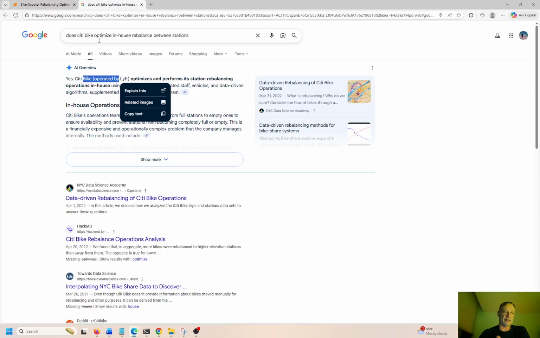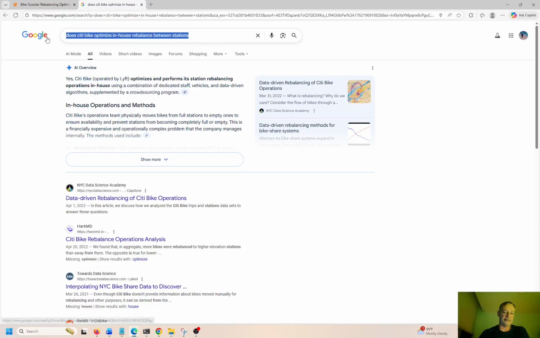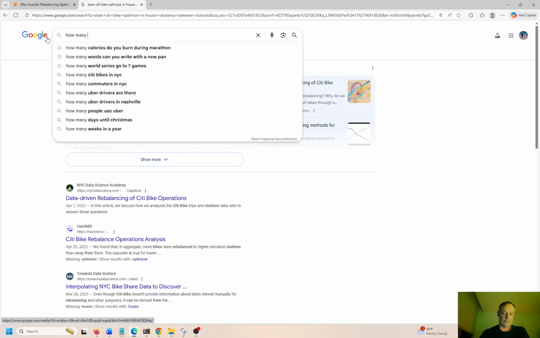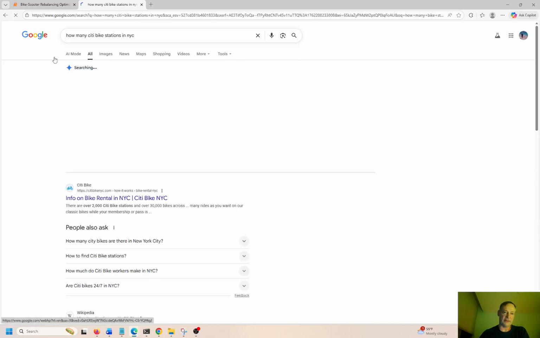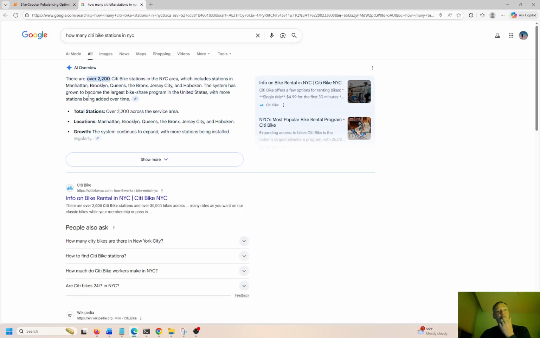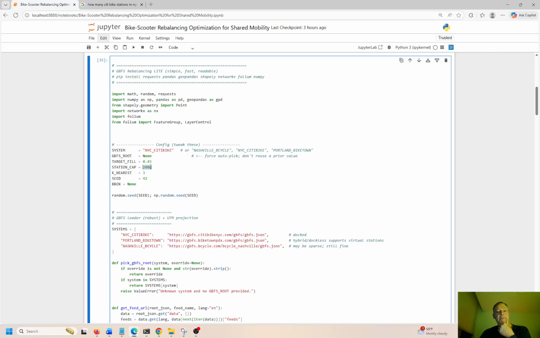So how many stations do they actually have? 1,500, I think. Oh, 2,200. Over 2,200. So we can actually up this even higher. I can say 2,500, right? So we're going to capture everything in the whole system.